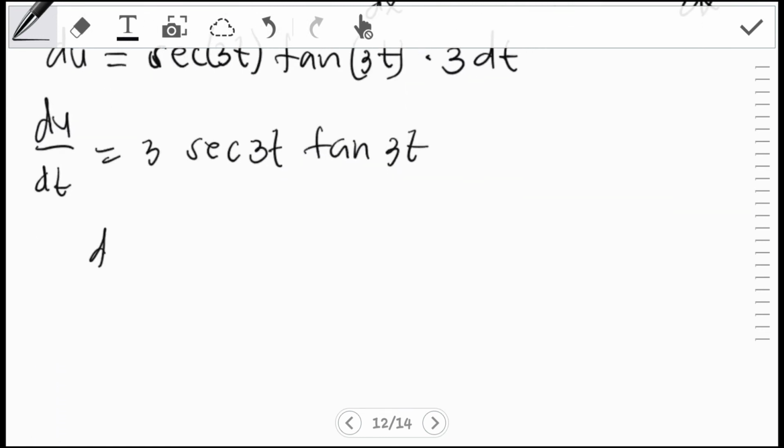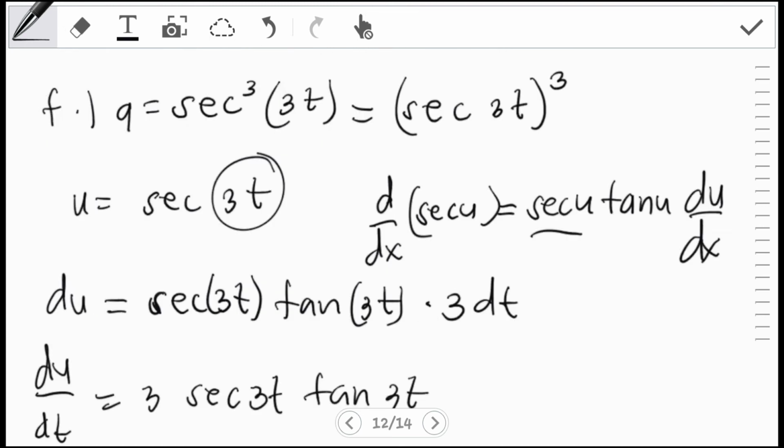Again, by using this formula, d over dx of u to the n is equals to n u to the n minus 1 du over dx. Okay. Where n here is 3.